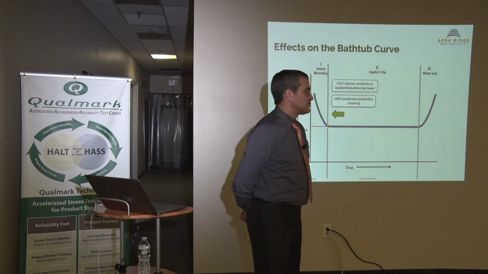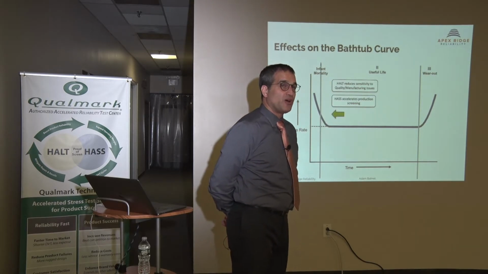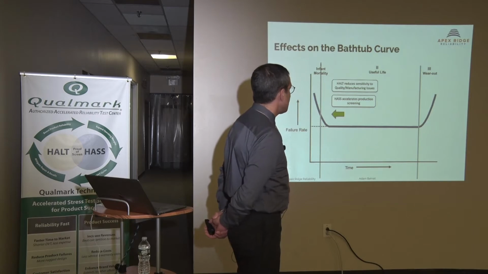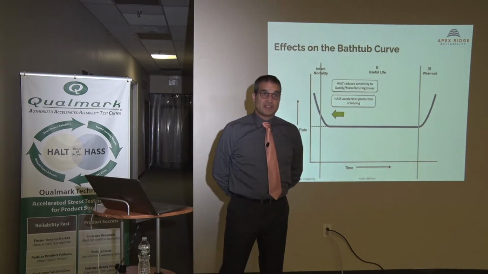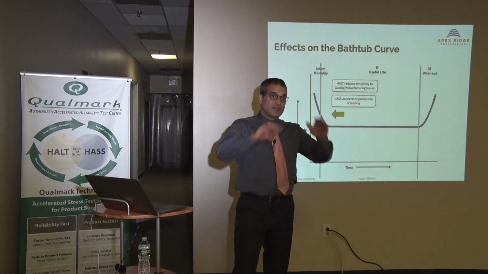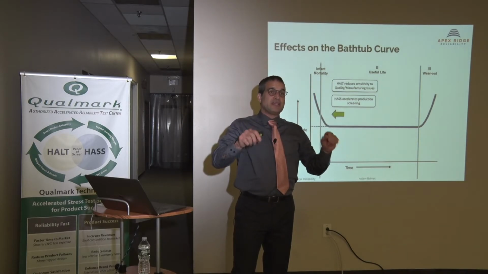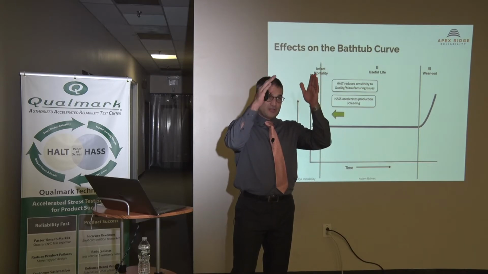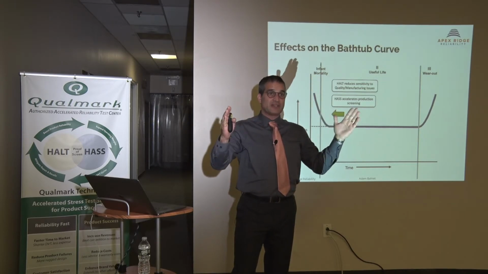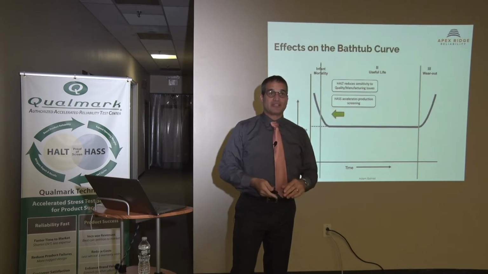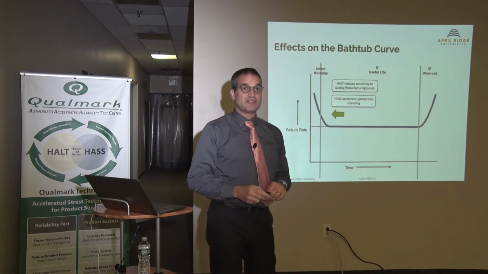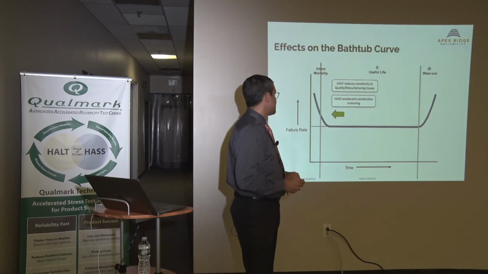Now, what can HALT do for this? It can help with all three phases. It reduces the sensitivity to quality manufacturing issues. If you recall that previous curve with the distribution, if you create more margin, the units that fall farther out on those quality specs are less likely to run over into systems that have the stresses that expose issues.